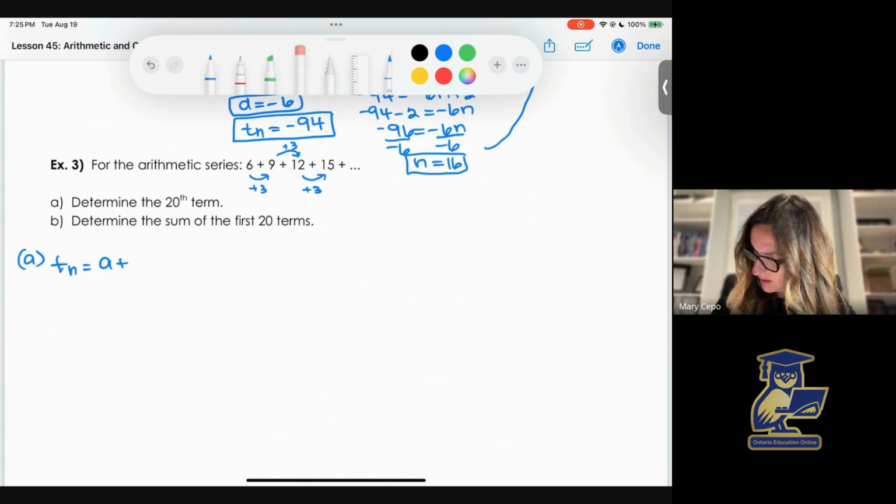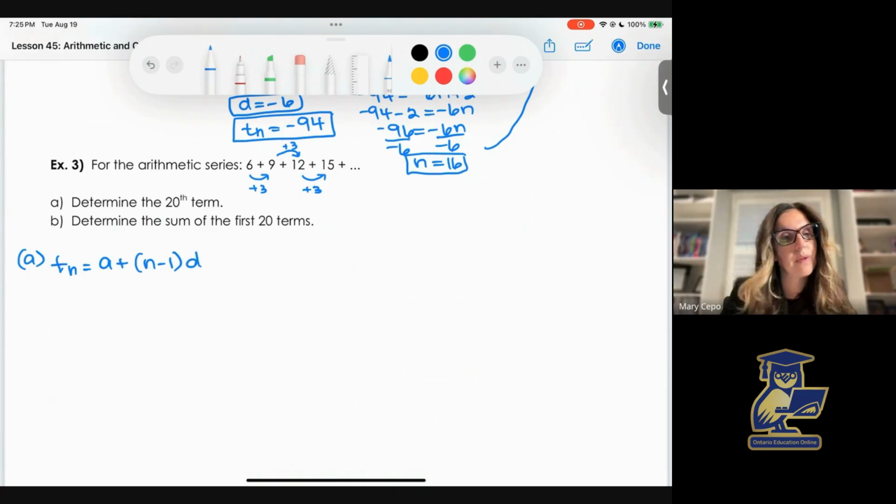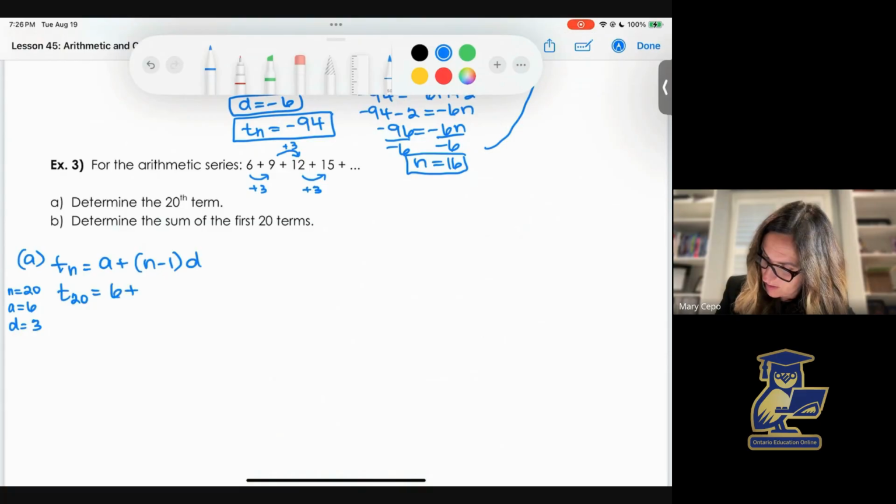So we're going to say a plus n minus 1 times d. Okay, so we know n is equal to 20, a is equal to 6, and that common difference is 3. So T20 is equal to a, which is 6, plus 20 minus 1 times d.